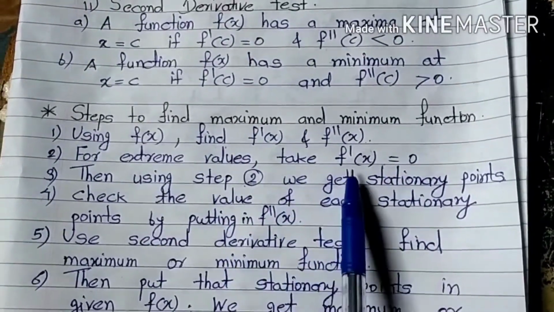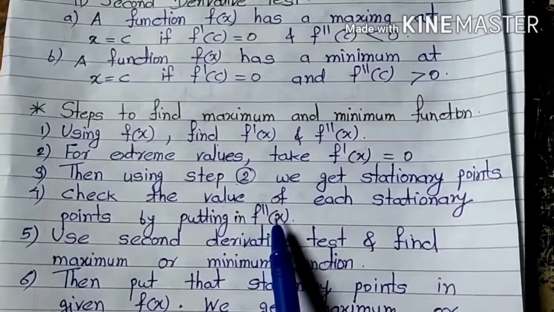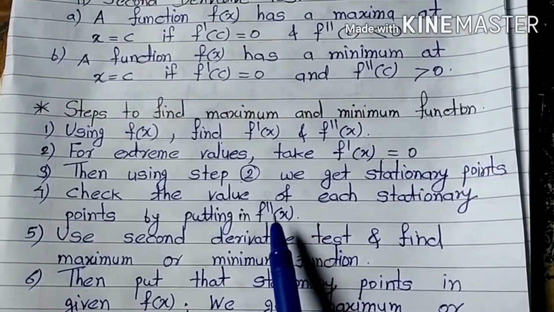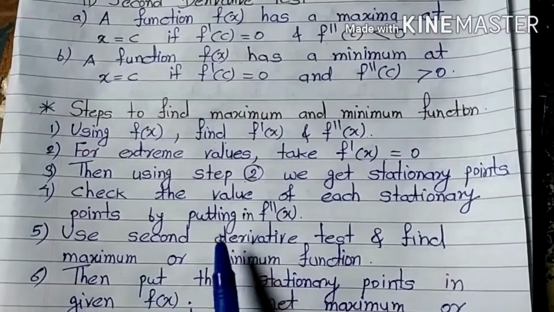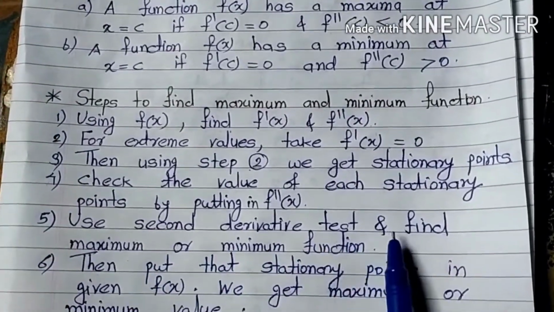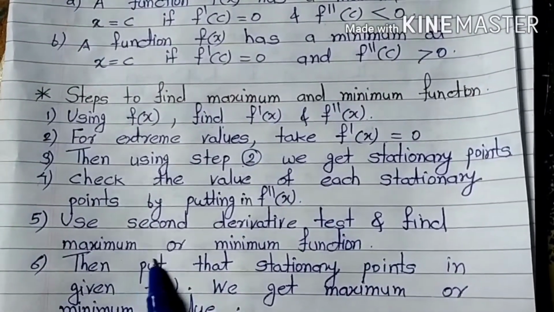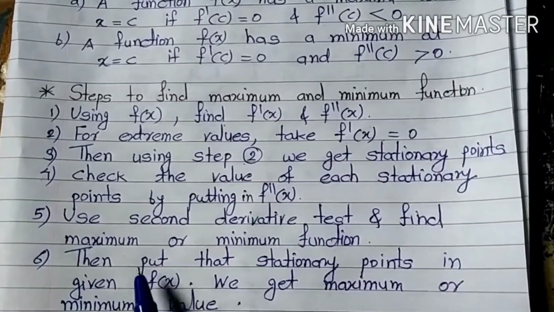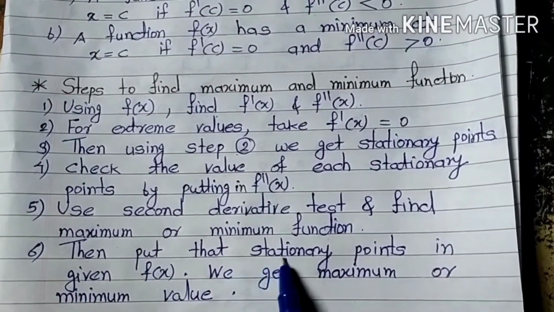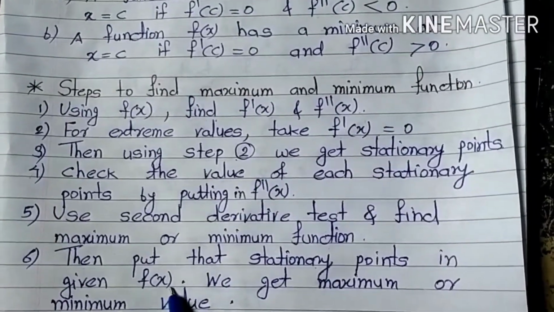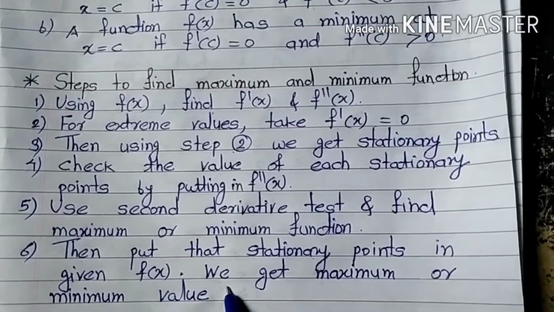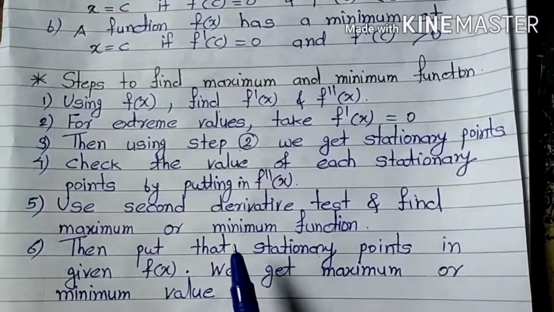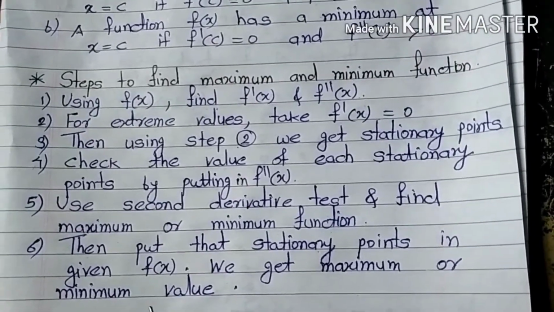Then put those stationary points in f double dash of x. Then we get some values. By using the second derivative test, you can find maximum or minimum function. Then put those stationary points in the given f of x, and we get the maximum and minimum value of the given function.